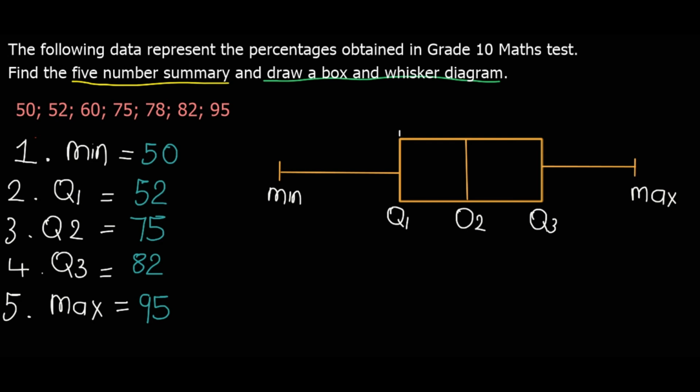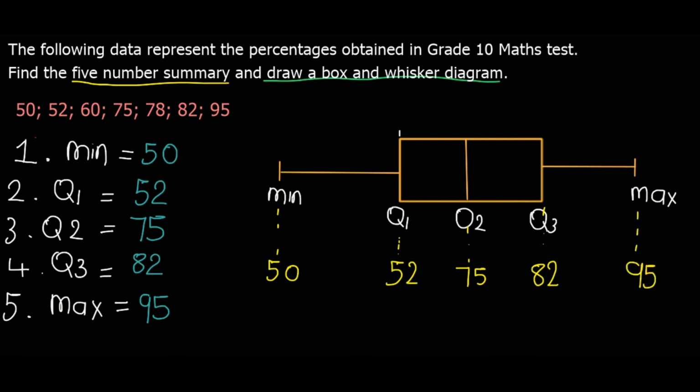So minimum ya rena re kry-ile gore ke 50, so re la gore this is 50 o lebana le minimum, and then on the Q1 re kry-ile gore ke 52, and then Q2 ya rena re kry-ile gore ke 75, and then on Q3 re kry-ile gore ke 82, and then maximum re kry-ile gore ke 95.